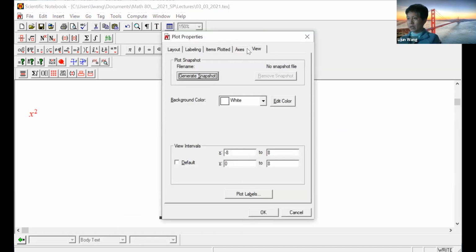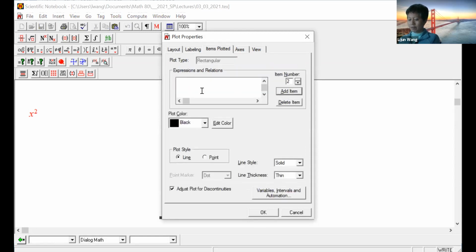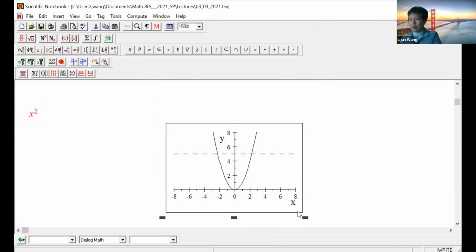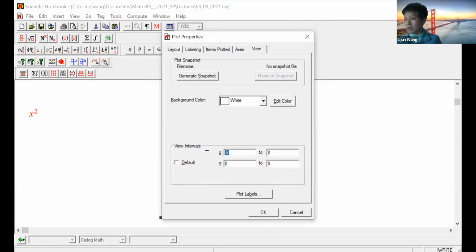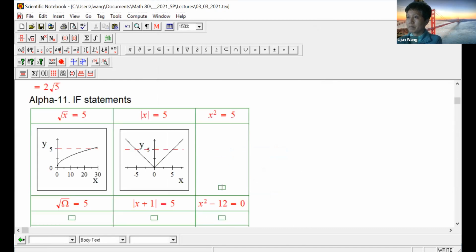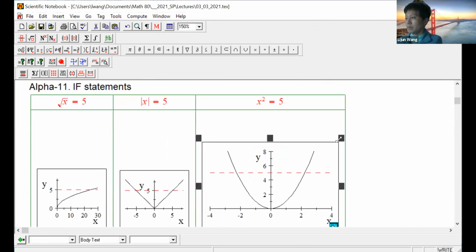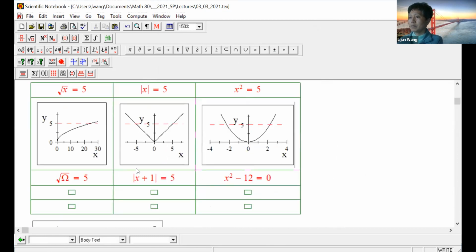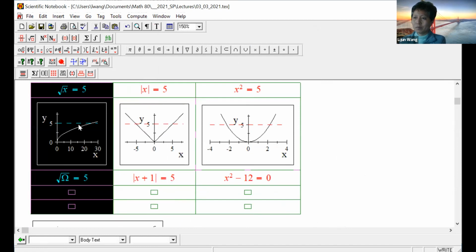And the crossing is 5. I'm going to make this just a little bit narrower. It doesn't matter, but you can see this clearly. Do you follow me?